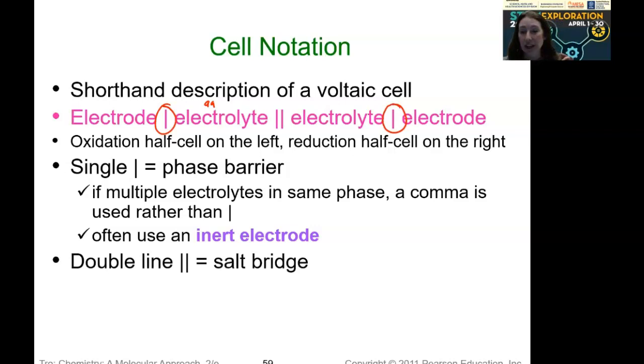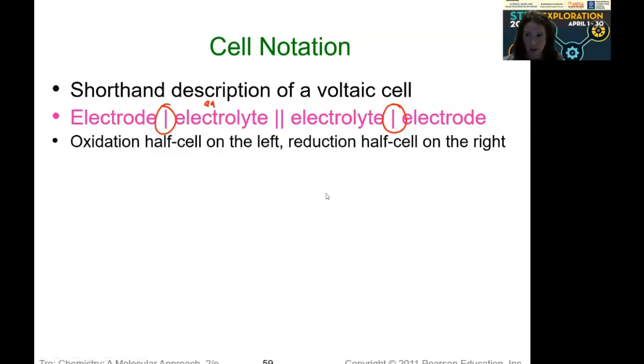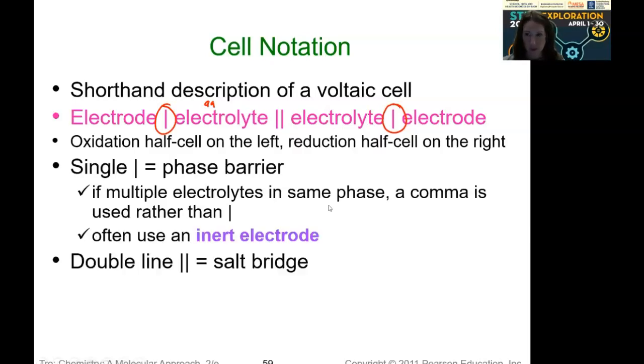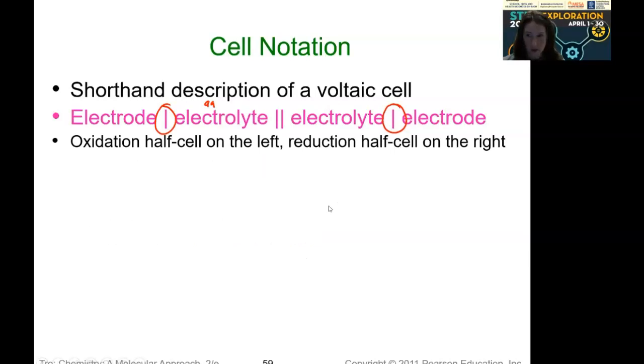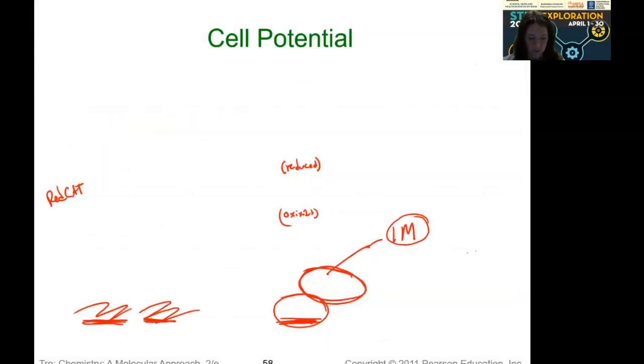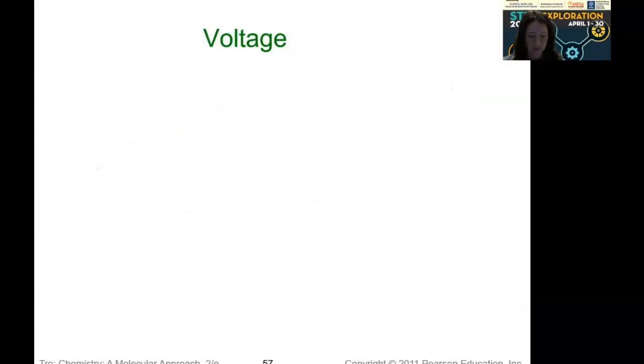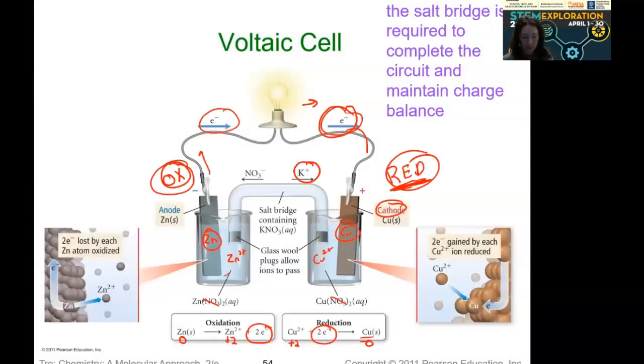So let's look at the exact same thing we just looked at. I'm going to go back to the one we were just on. So if we look at this, our electrode is zinc.